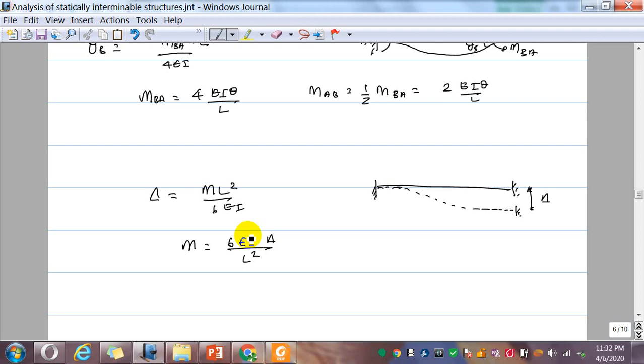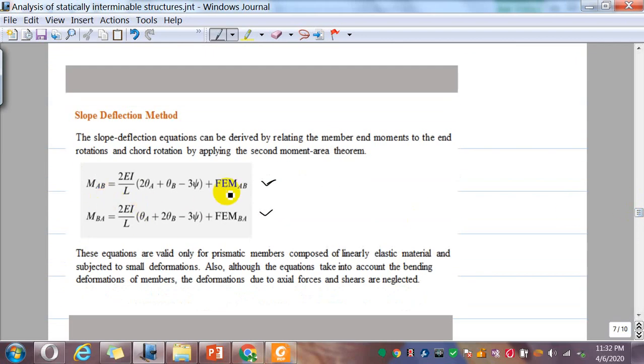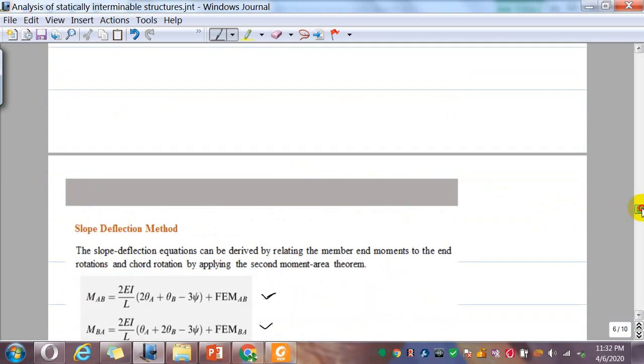So here MAB and MBA are the same, equal to M, that is 6EI delta over L squared. So now we need to get this equation. Some of you may be able to see the relevance of this equation.